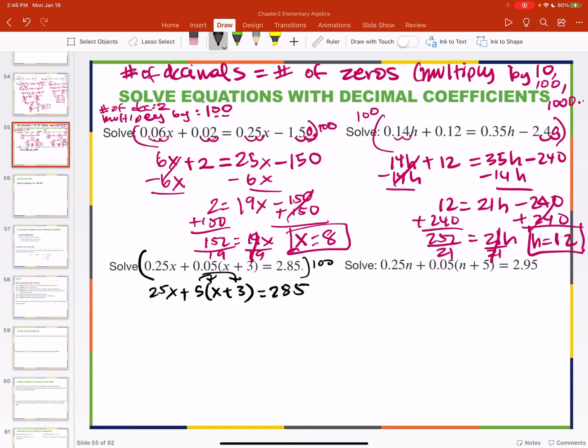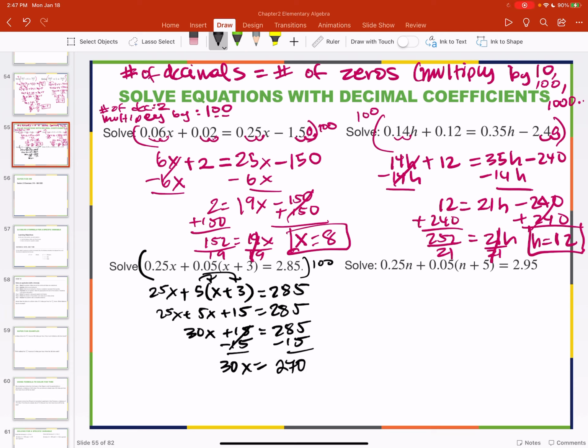So distribute, we get 25x plus 5x plus 15 is equal to 285. 30x plus 15 is equal to 285. So minus 15, minus 15. 30x is equal to 270. So divide by 30. And you get x is equal to 9.